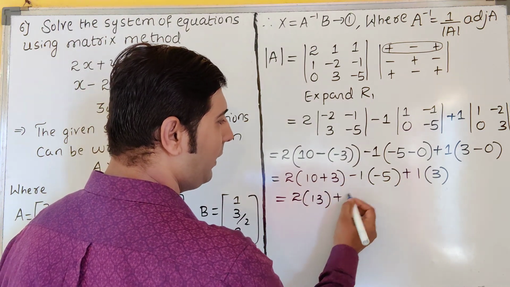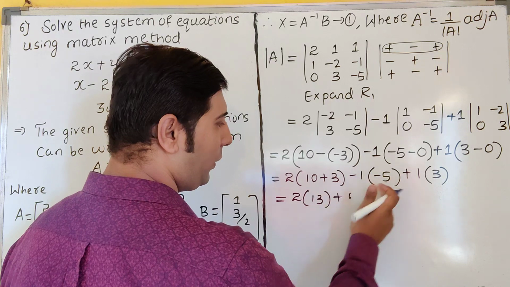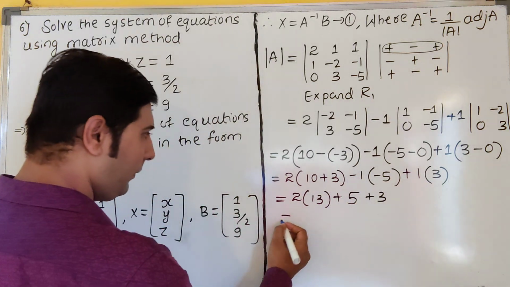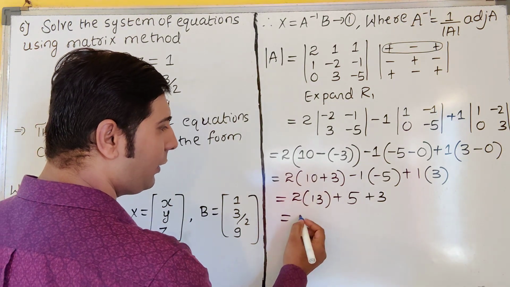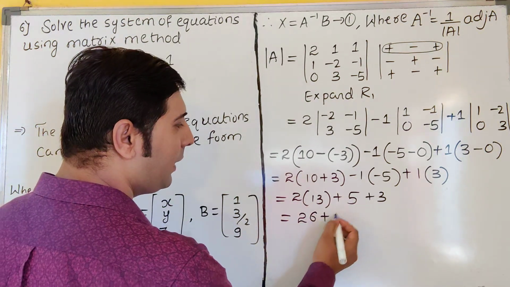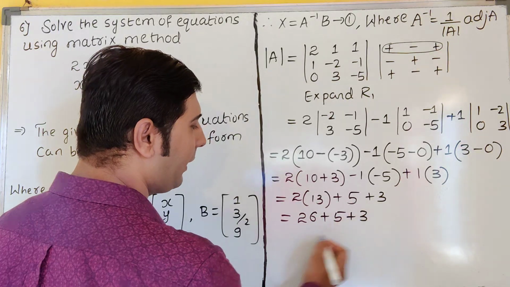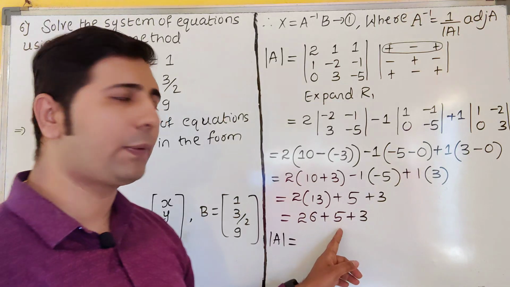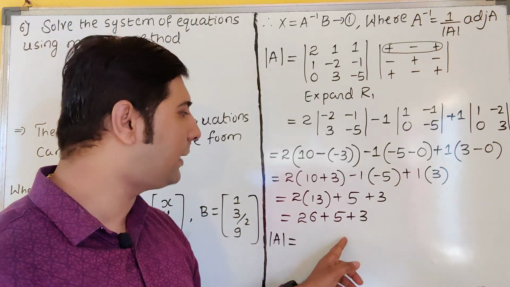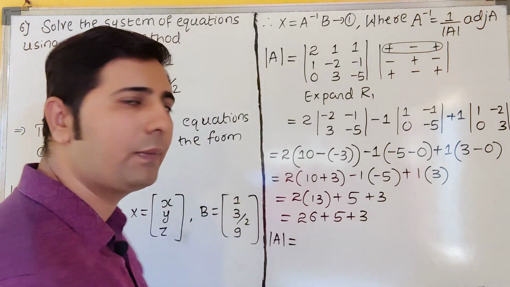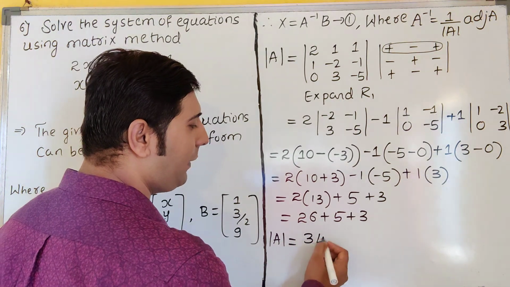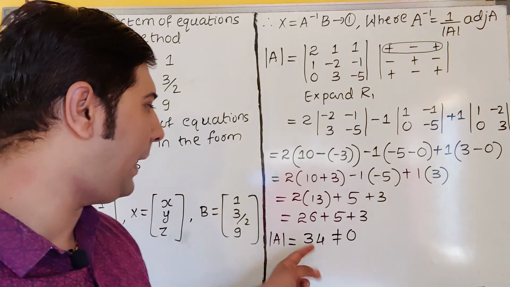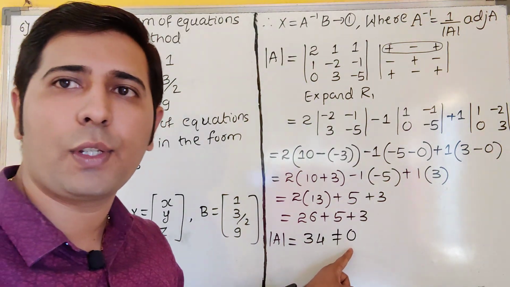Minus into minus plus 1 into 5 is 5. 1 into 3 is 3. 2 into 13 is how much? 26 plus 5 plus 3. How much did you get? Determinant A now. Total, you add. 26 plus 5 is 31. 31 plus 3 is how much? 34. 34 I will write, which is not equal to 0. Yes or no? Determinant A is 34, which is not equal to 0.